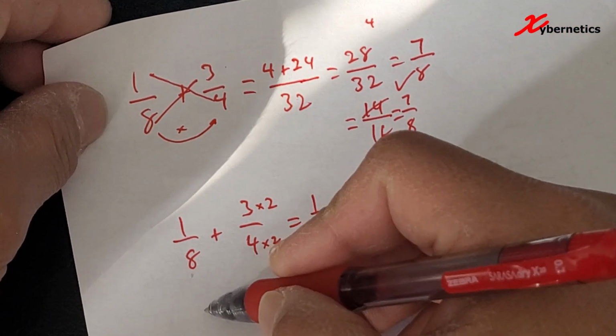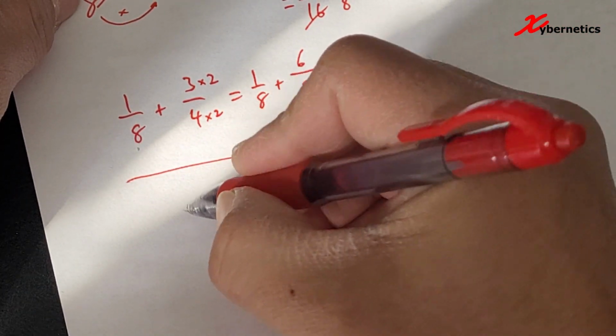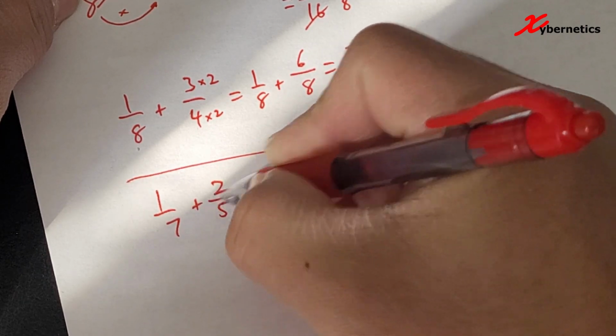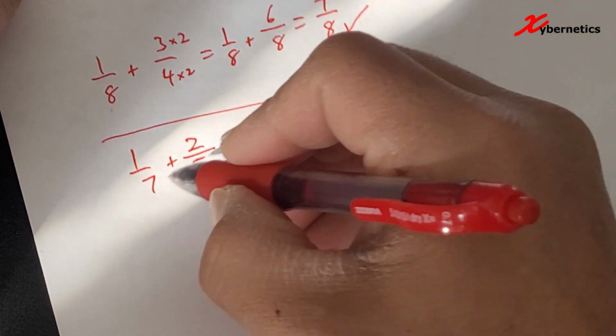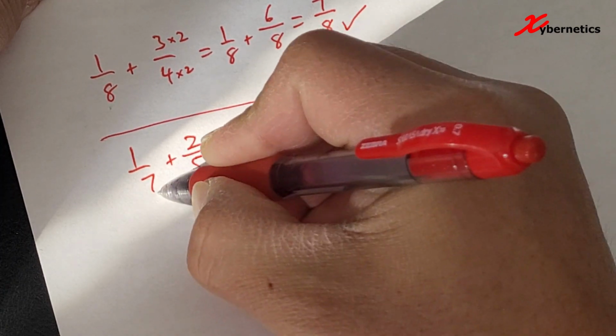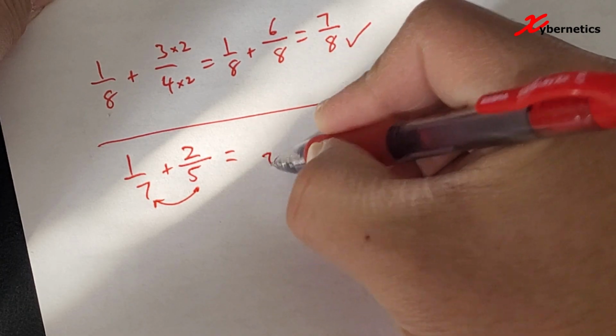Sure, if you have a fraction like 1 over 7 plus 2 over 5, as you can see, this one does not have any common denominator. The only way to do it is to multiply the denominators together. Sure, you can do the internet way. Let's say 7 times 5 would be 35.